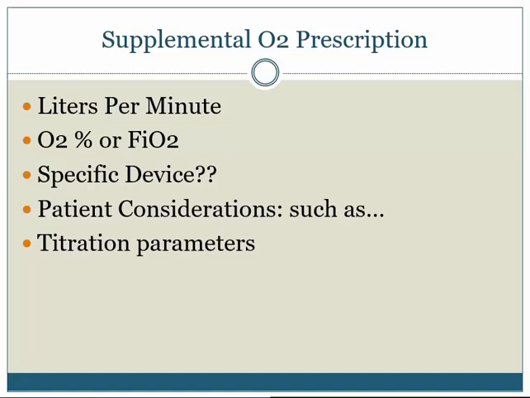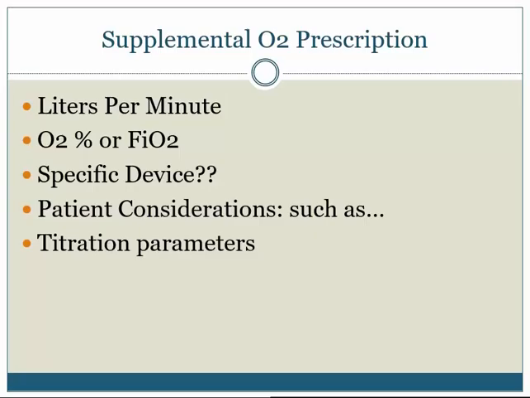The supplemental oxygen prescription, things that are required. It either needs to include how much oxygen you're putting on, so either in liters per minute or based on what specific FiO2 they want to be delivered, because certain devices you can hone in a specific FiO2.